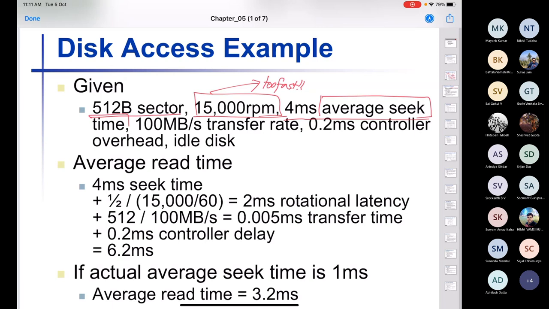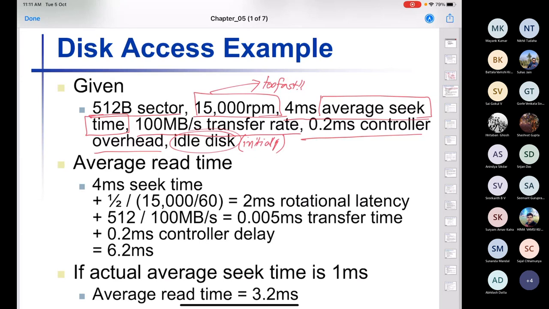Typically these average seek times are mentioned. 100 megabyte per second transfer rate once the head comes to the proper position on the sector. 0.2 millisecond controller overhead, and the disk is idle initially. There is 0 queuing delay. Queuing delay has not been mentioned. How much time does it take to read one sector? That is the question.